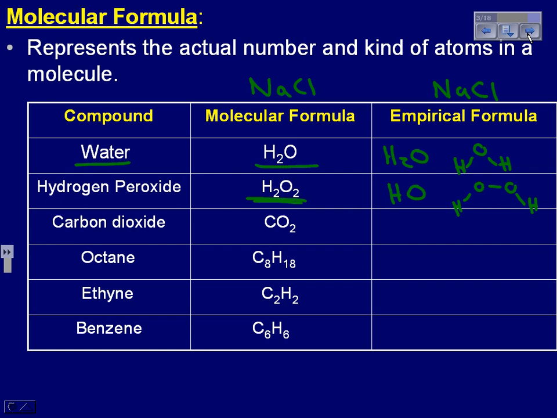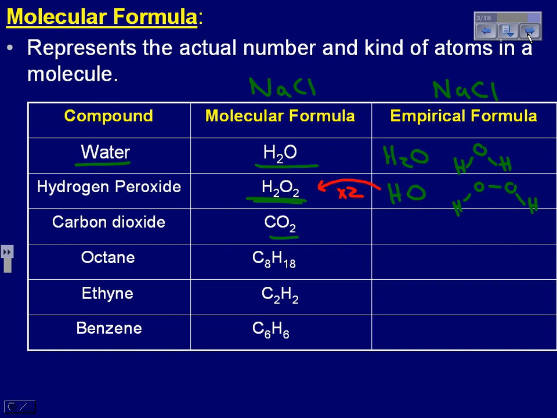That's the simplest whole number ratio of hydrogen atoms to oxygen atoms. So that is its empirical formula. We divide out that common factor. Now we know that the actual molecule isn't HO. It's actually made up of 2 HOs to make the molecule. But if we were to determine the formula from experiment, empirically, we would get that simplest formula.